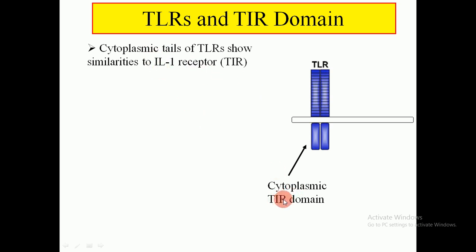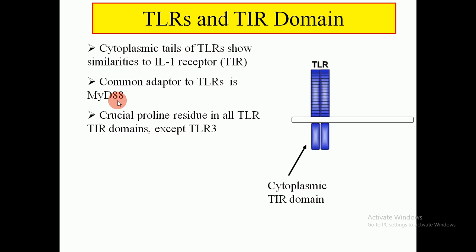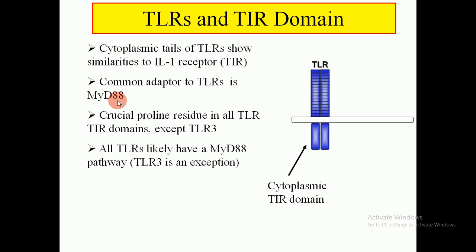A common adapter for toll-like receptors is MYD88, with a crucial proline residue in all toll-like receptor domains except toll-like receptor 3, and all toll-like receptors likely have the MYD88 pathway. Toll-like receptor 3 is an exception.